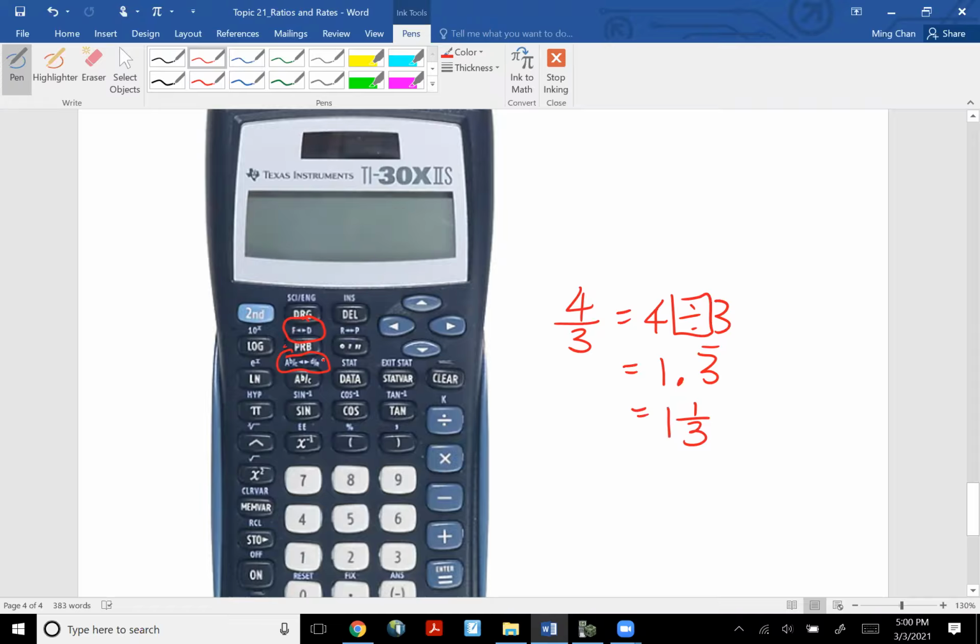So that's where the second command right below it comes in. In order to convert between mixed number and improper fraction, you press second and this button to end up with 4 over 3.